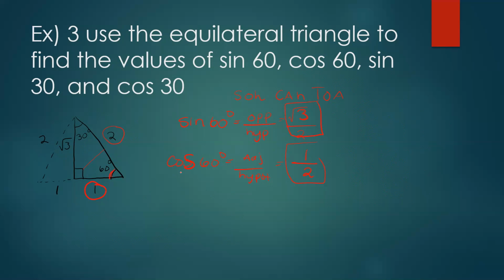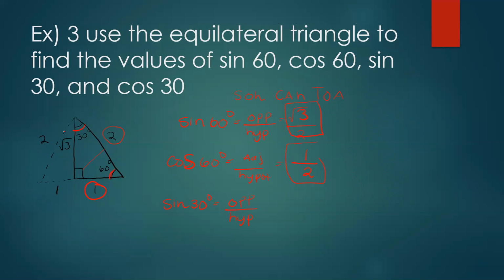And then, if we found sine 60 and cosine 60, let's find sine 30. Now this is different. Oh, well, it's still opposite over hypotenuse. But this time, it depends where our angle is. So where's 30 in our triangle? It's right here, right? Here's 30 degrees. Now, can you tell me my opposite side?